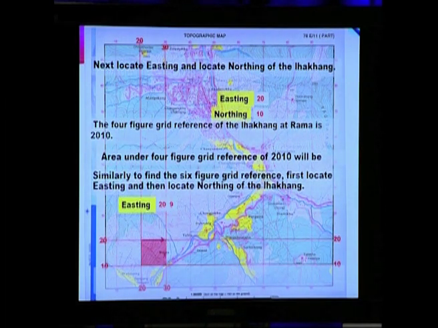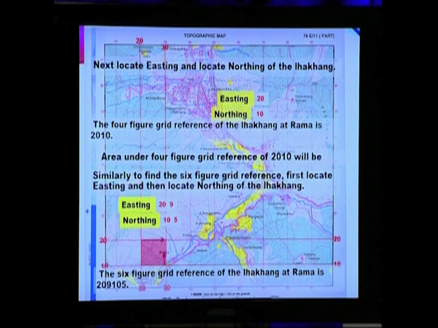So if you look at the 6-figure grid of Lagang at Rama, it comes to 29, 10, 5. And this whole area of Rama falls under 29, 10, 5.